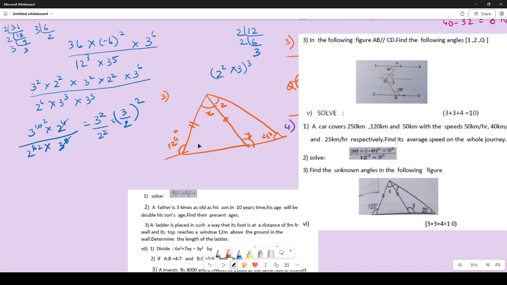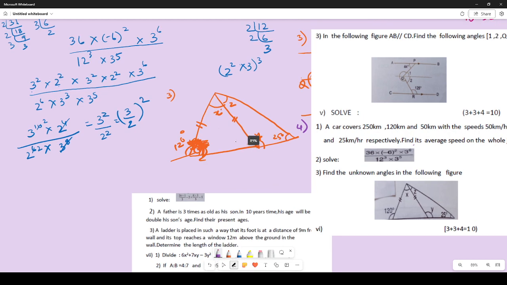So this angle will be what? 60 degrees, right? So this angle will be 60 degrees. So if this angle is 60 degrees, it means this angle is also 60 degrees.